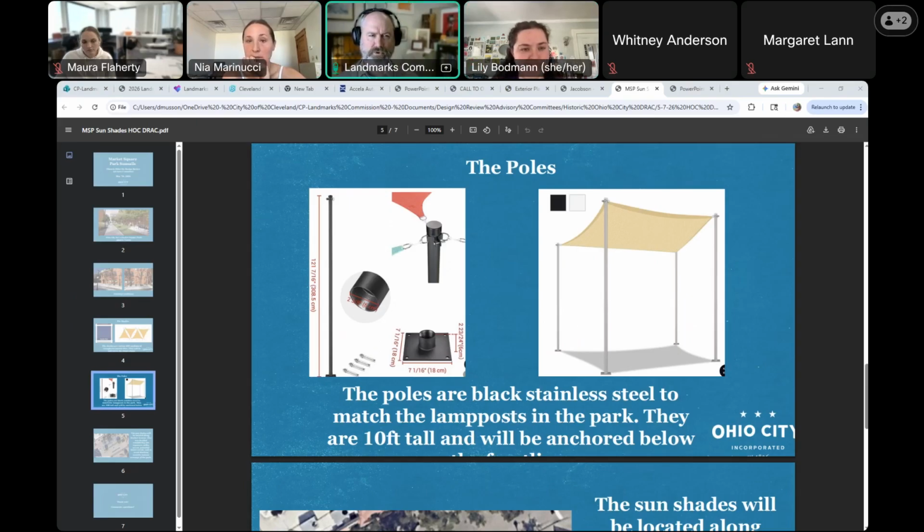So you're pouring a footer for each of these and then using anchor bolts to adhere the plate to the footer and then putting the brick around the pole, essentially. Correct. So it should be pretty sturdy just to avoid any shenanigans. Yeah, that was my only concern, making sure that they're sturdy.